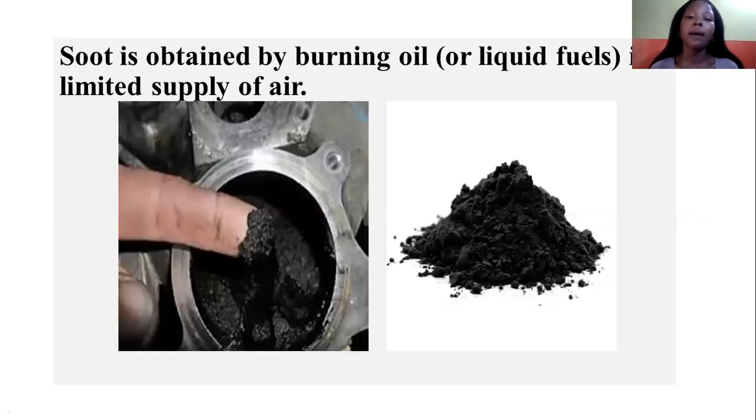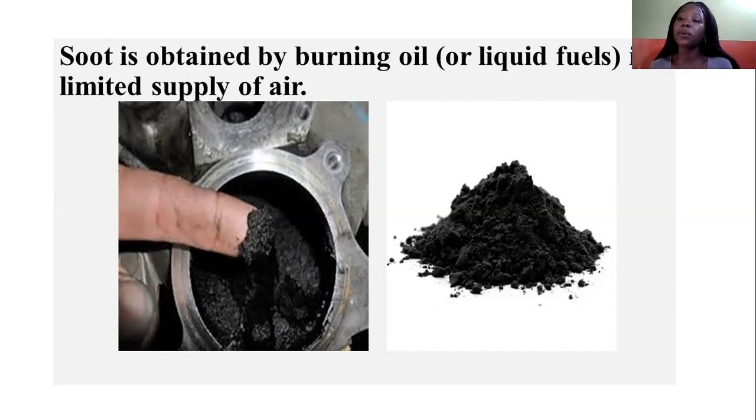Now, the next amorphous form of carbon is soot. Soot is obtained by burning oils, liquid fuels, for example, kerosene. When you burn kerosene, you notice that over time you see a collection of black substances in that very burner, or maybe in your generator.